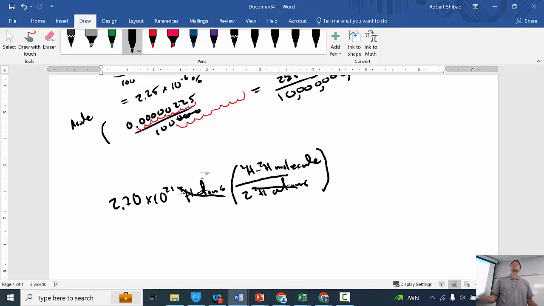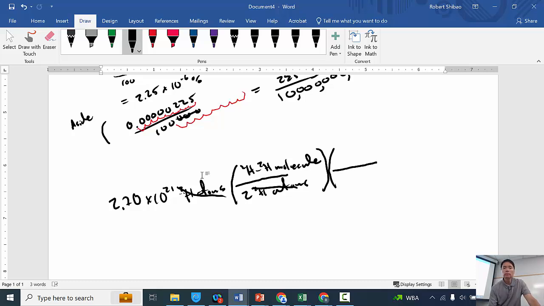So this is like I have 200 hydrogen atoms. How many hydrogen molecules do I have? 100. No, because each hydrogen molecule contains 2 atoms. Okay, and then where would I go from here? Then I would go to moles.